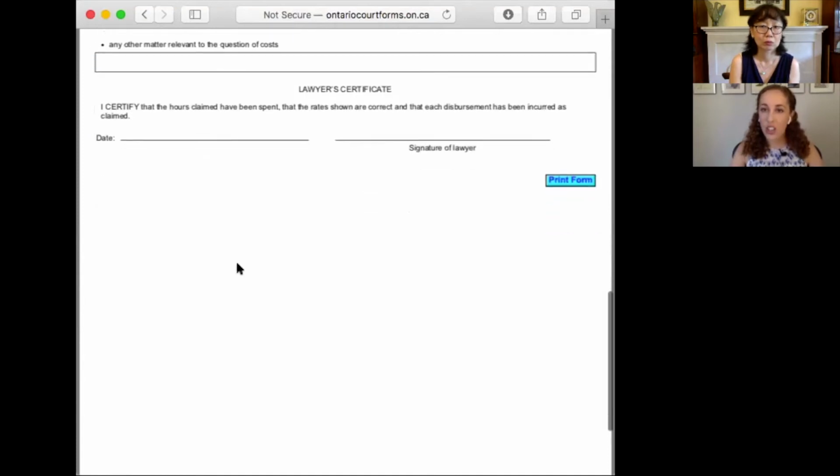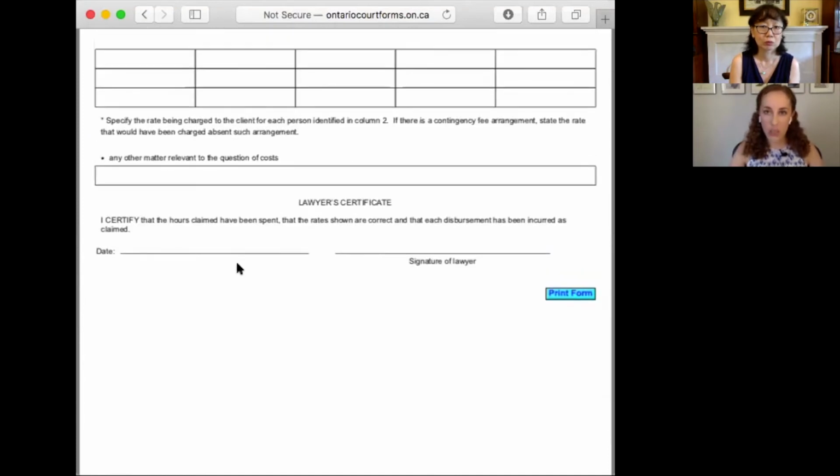The cost outline is normally exchanged between the parties at the motion, sometimes before, but usually at the motion, and maybe even after the motion. If it's a complicated motion, then the court will reserve their decision and invite submissions for costs afterwards.